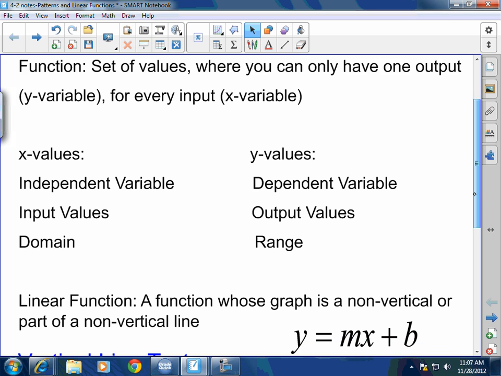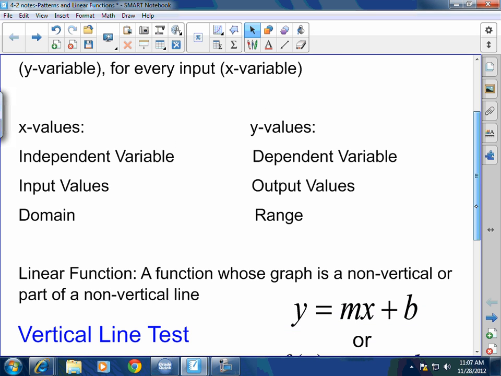Now, a linear function, okay? A linear function is a function whose graph is a non-vertical line or part of a non-vertical line. Now, before we get into the intricacies of this linear function, I want to give you some facts first and a little trick to determine whether or not something is a function, okay?